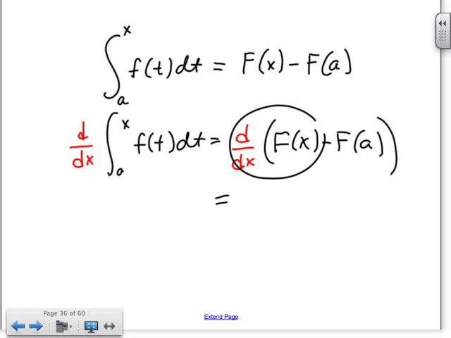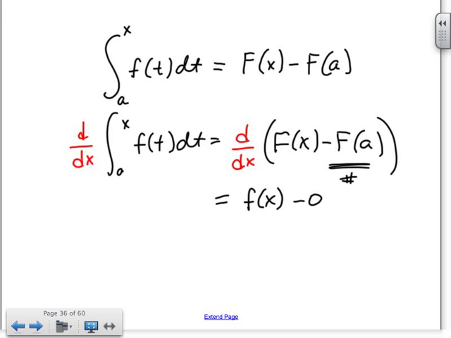What's the derivative of capital F of x? Little f of x, right? What's the derivative of capital F of a? 0. Why? Yep, this is a number. So it's minus 0. So that's why the derivative of whatever this is, even if it's starting at a, it can start at 0, pi, it's always going to just end up being f of x, as if you just plugged x in.